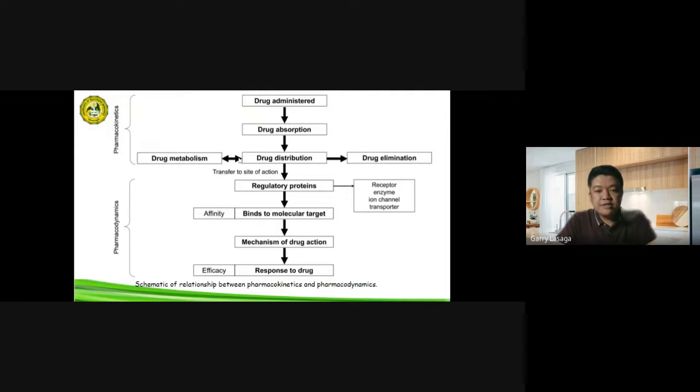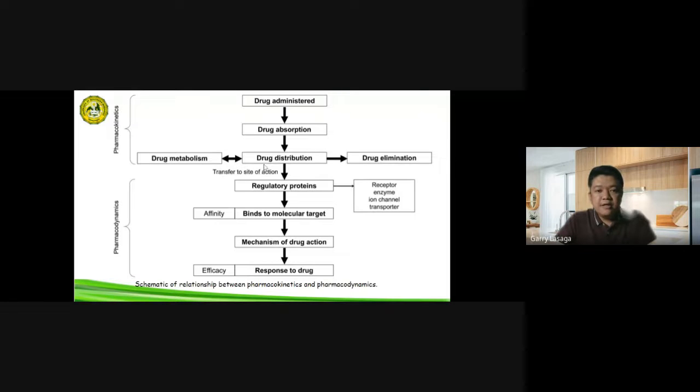During the drug distribution process, when we say drug distribution, that is the transport of the drug to the different tissues in the body, which contain the specific receptors, specific target elements that are found within that particular organ.